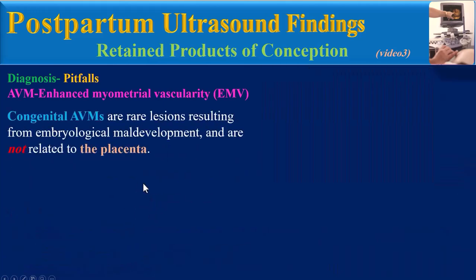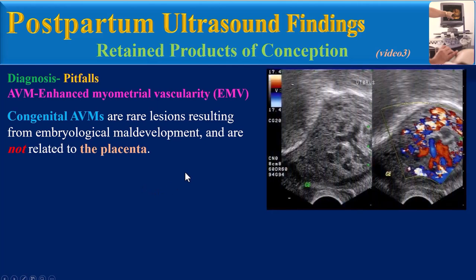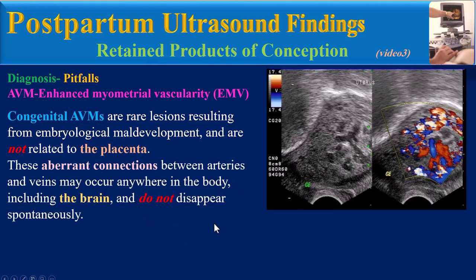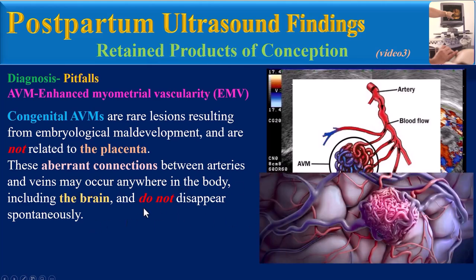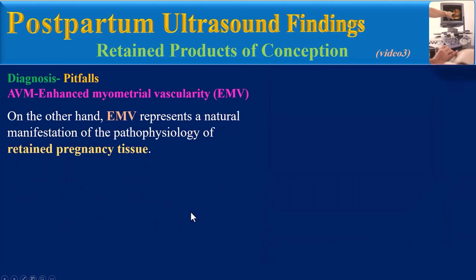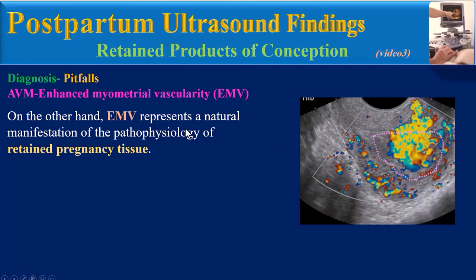Congenital AVMs are rare lesions resulting from embryological maldevelopment and are not related to the placenta. These aberrant connections between arteries and veins may occur anywhere in the body, including the brain, and do not disappear spontaneously. On the other hand, enhanced myometrial vascularity represents a natural manifestation of the pathophysiology of retained pregnancy tissue.